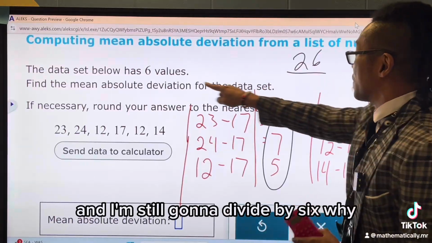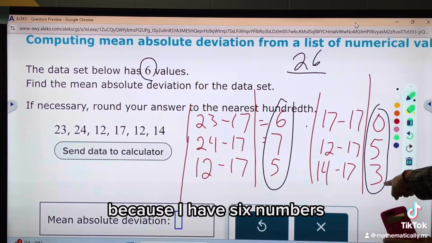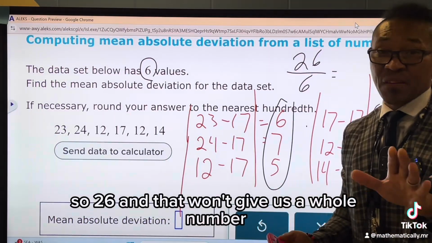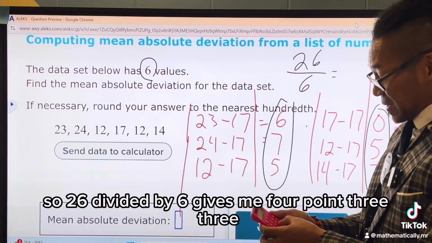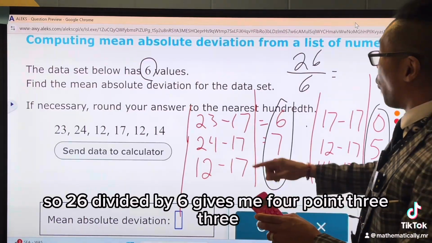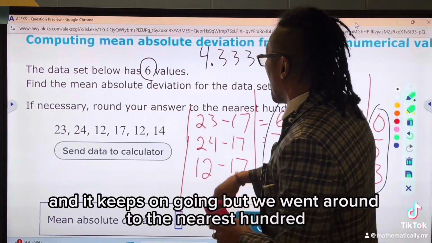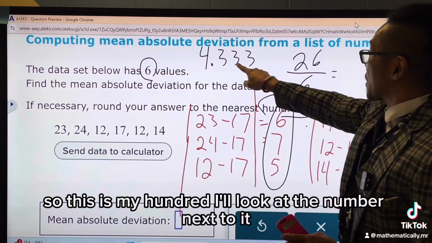And I'm still going to divide by 6. Why? Because I have 6 numbers. So 26, and that won't give us a whole number because 24 divided by 6 would give you 4. So 26 divided by 6 gives me 4.33, and it keeps on going. But we round to the nearest hundredth.